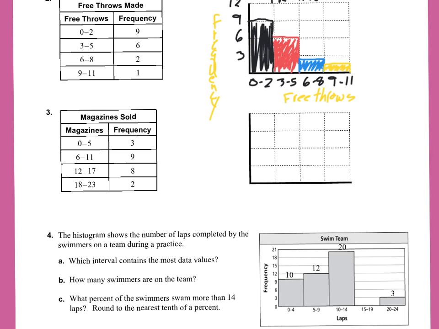Okay, so this is magazines sold. So I'm going to put magazines sold. That's our title. And then let's just label it right now. So our frequency is still going to be over here. So I'm just going to go FREQ, frequency, and this is magazines.